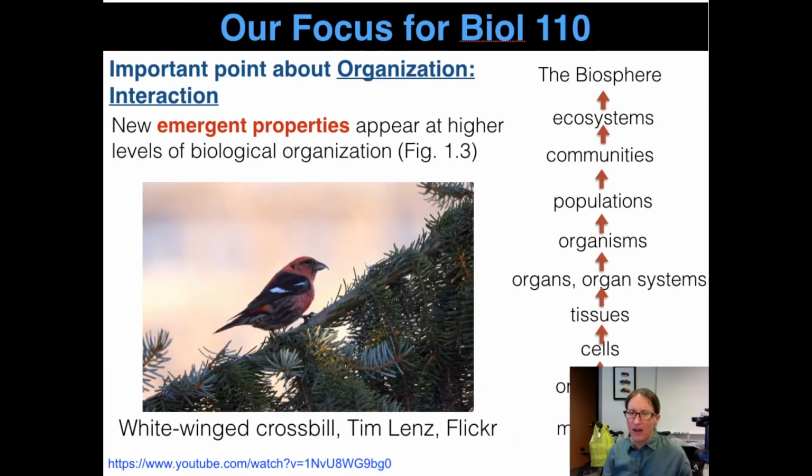Okay, so now I want to briefly touch on this concept of organization and what it means for living things. One way to make sense of the living world is to think about it in terms of a hierarchy of organization, which is what I've outlined over here on the right side of this slide.